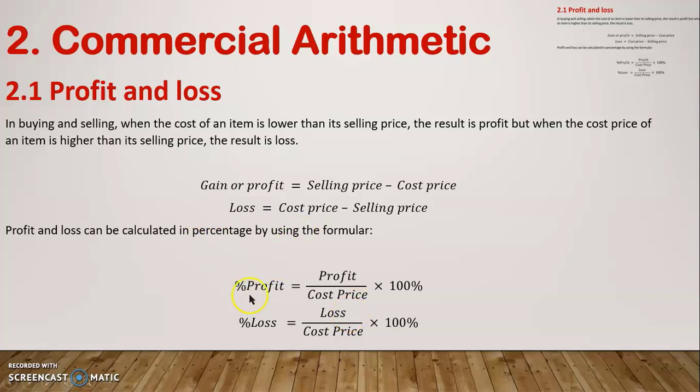Whenever you are calculating either percentage profit or percentage loss, it is always over the cost price, because at times students find it confusing whether to put cost price or selling price as the denominator. Whichever you are calculating, your denominator is always the cost price. So let's make progress.